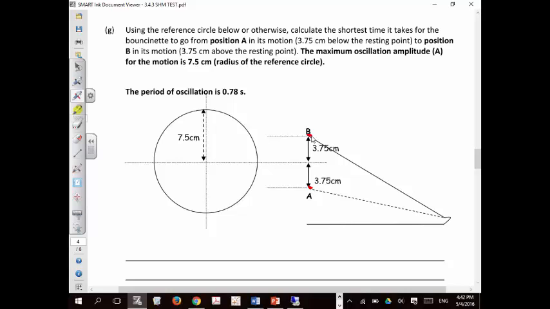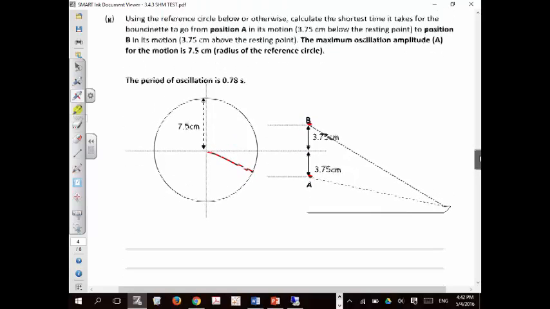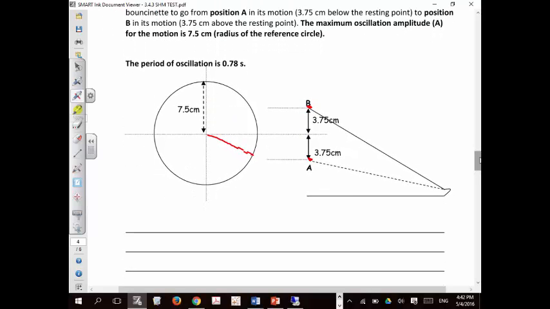And so what we want to do is draw the phasor here. We're interested in how long it takes to go from this position to this position. And so the total angle that we want is really this angle. And to get it, we really want to use one of the right triangles and double it.